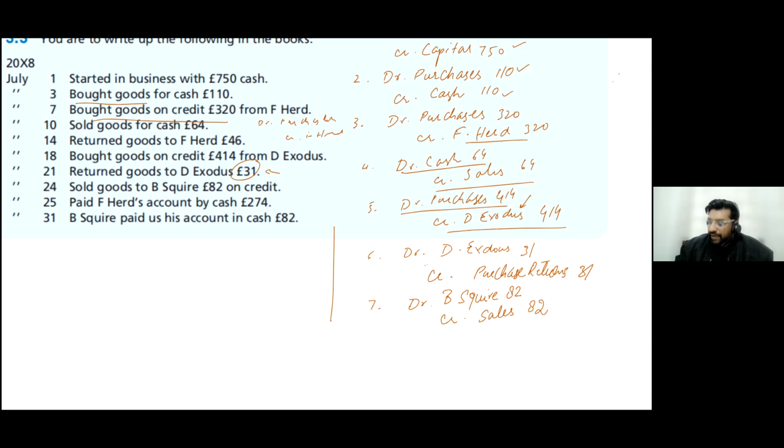So we are going to credit our cash 274 and we debit F Heard, because once we paid him, he is no more our liability. So we debit it. When liability decreases, we debit it.